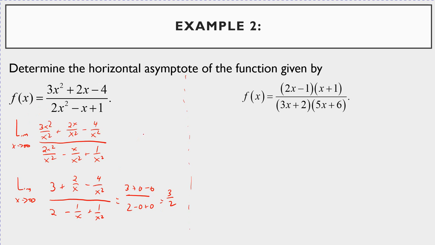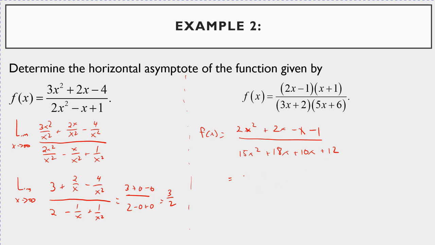You got it. All right, let's do this one algebraically. So to do this, what you're going to do is you're going to FOIL it out, right? So you're going to get 2x squared plus 2x minus x minus 1 all over, FOIL this bottom out, 15x squared plus 18x plus 10x plus 12.